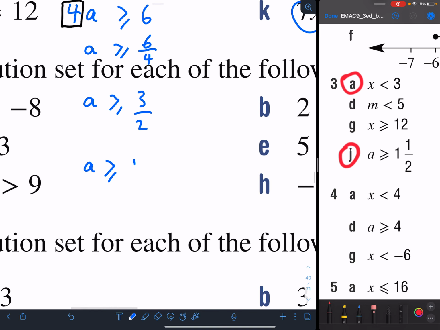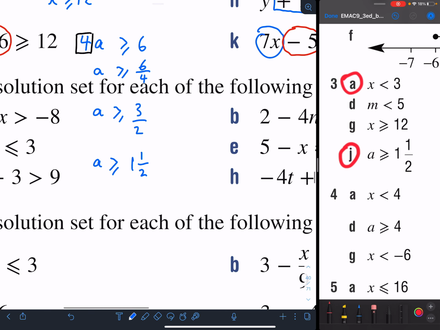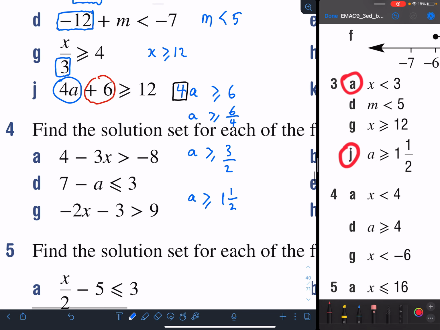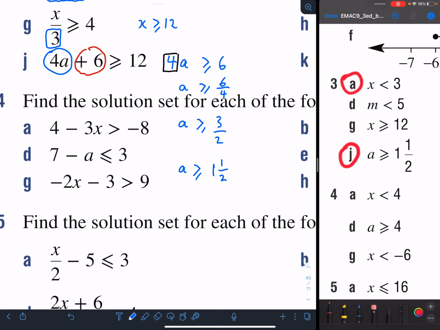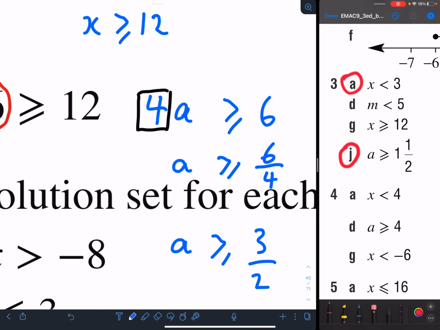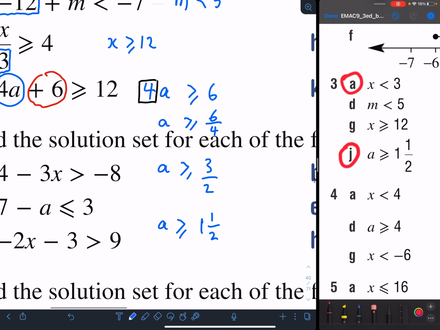So we've solved that one. Just to recap, question J had two steps. The first step was to remove the plus 6 by subtracting 6 from both sides. Step 2 was to remove the 4 in 4a is greater than or equal to 6, so we divided both sides by 4.